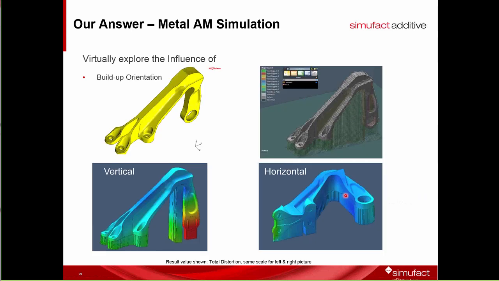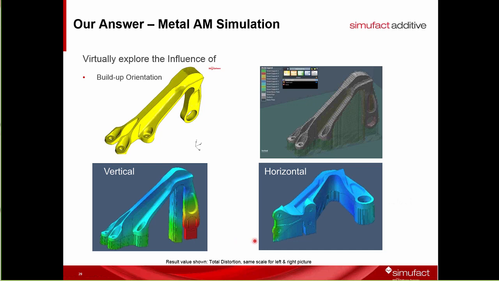You can also use Simufact Additive to look at what geometric configuration I should put in the part. I start with this STL, and you can see I built some support structures over here, and I do the simulation in either a vertical or a horizontal configuration. We'll predict that this one, at this point with the support structure still included, has higher deformation.